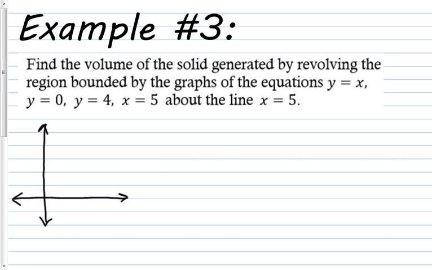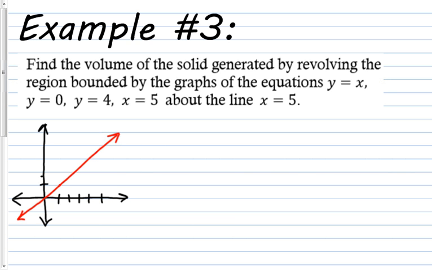y equals x is a diagonal line. It hits 1, 1, 2, 2, 3, 3, 4, 4, like that. We do have to use y equals 0, y equals 4, and x equals 5. So let me go ahead. 1, 2, 3, 4, 5.